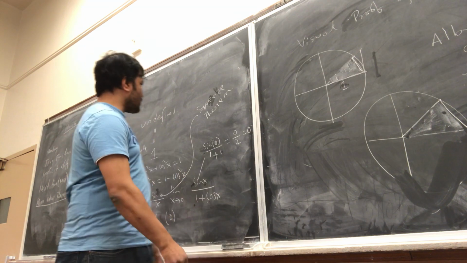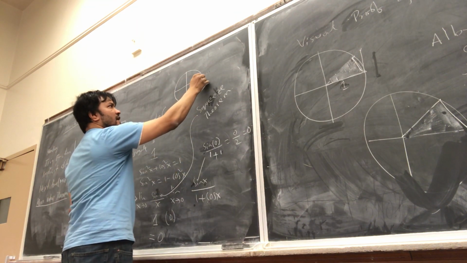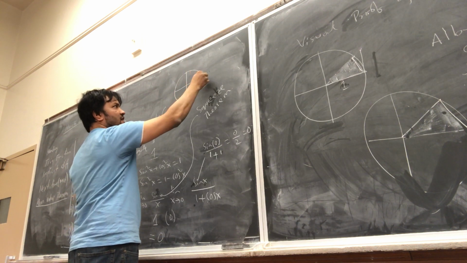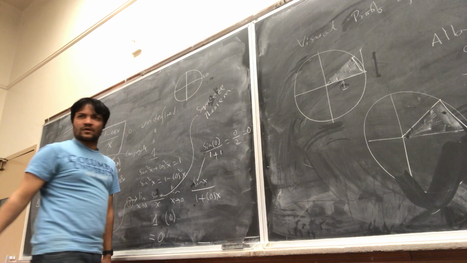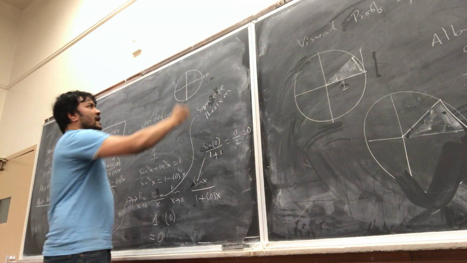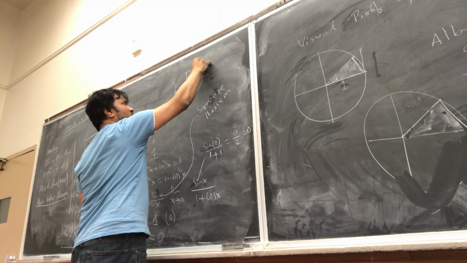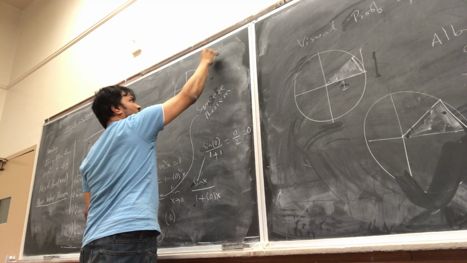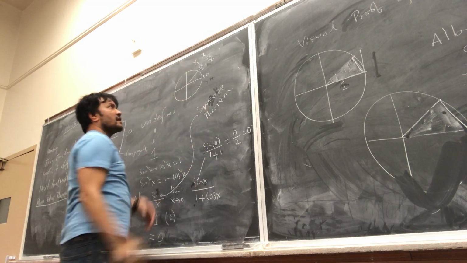Okay, so you have a circle, right? You have a value, say you have (1, 0), right? You have 45 degrees, you have the square root of 2 over 2, comma square root of 2 over 2. This is called x, this is called y.